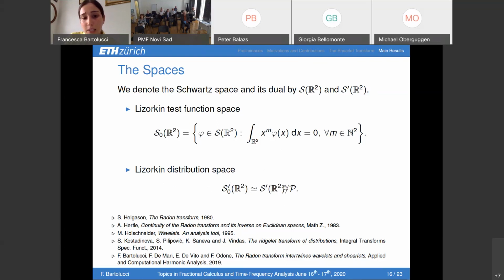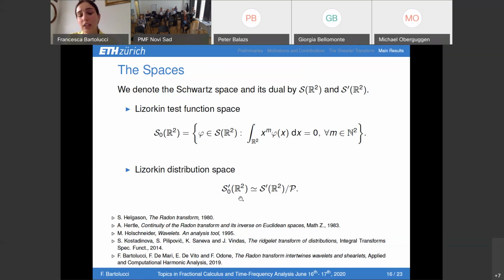And this space of distributions has already been shown to be a natural domain for the Radon transform, the wavelet transform, and also for the Ridgelet transform. And we will see that we can extend the Shearlet transform exactly to this space of distributions.